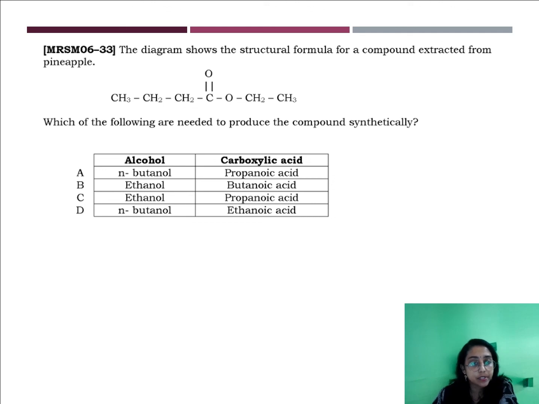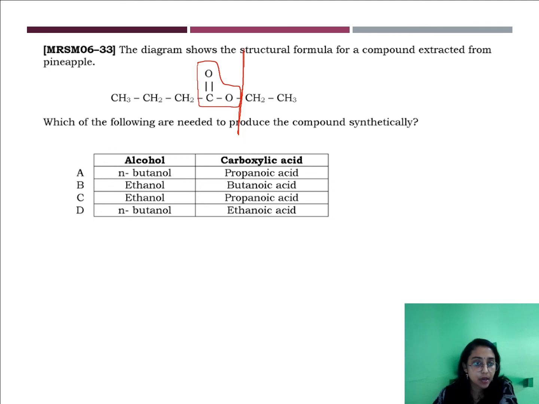So students, as you can see here, can you see the bridge or not? Are you able to view the bridge? Yes. So right after the bridge, you have to do the splitting. Right after the bridge, please do the splitting, because this whole part is going to be the carboxylic acid part, and at the back is going to be the alcohol part.